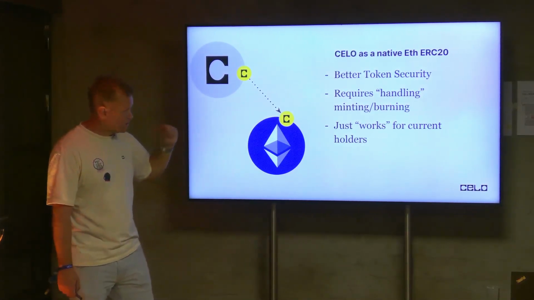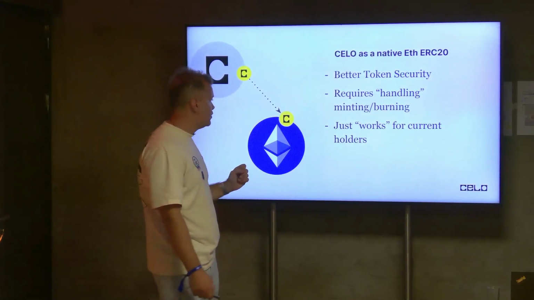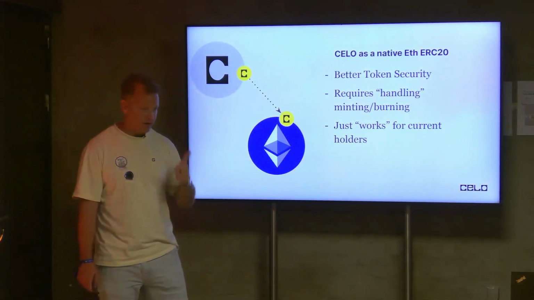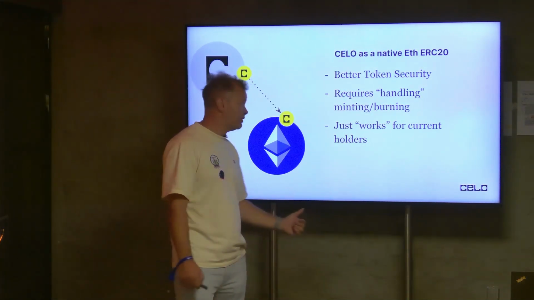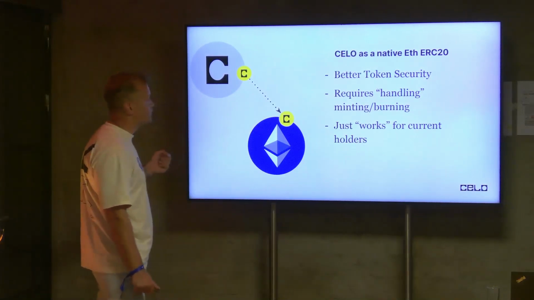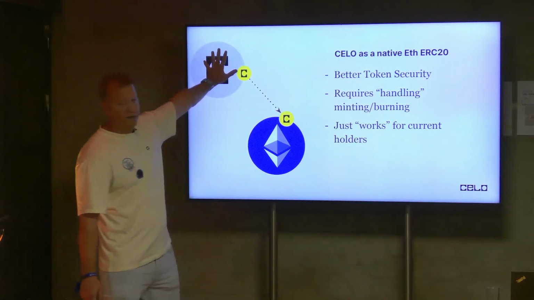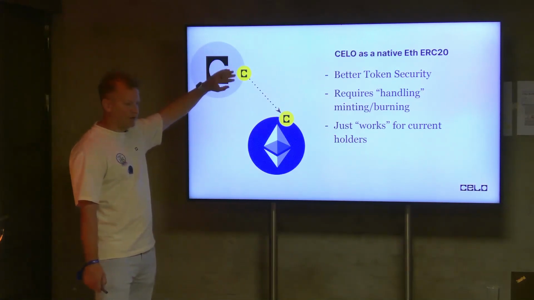We have a small, or not so small, caveat, which is what happens with minting and burning. OK, 5 minutes. For minting and burning, it actually happens on the Celo network right now, for example with epoch rewards.